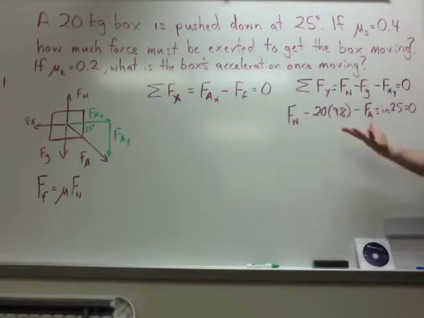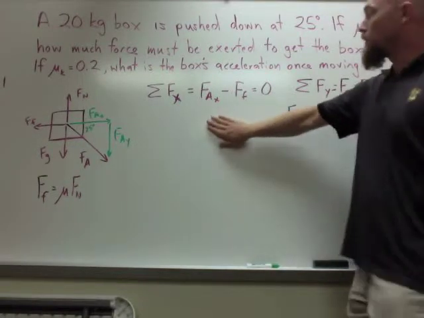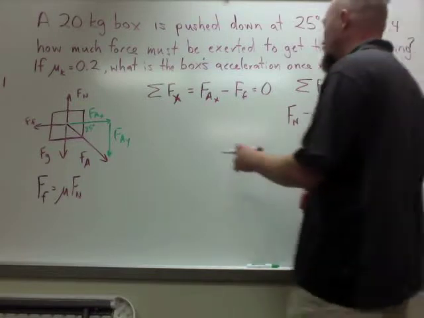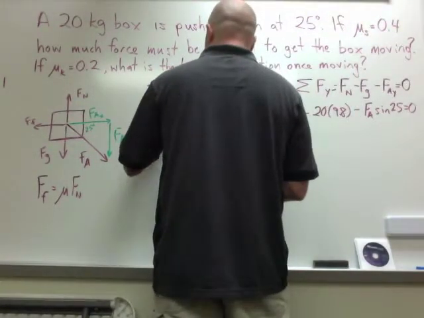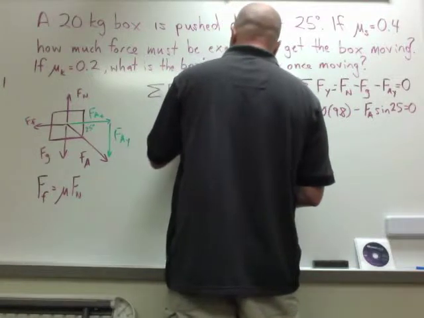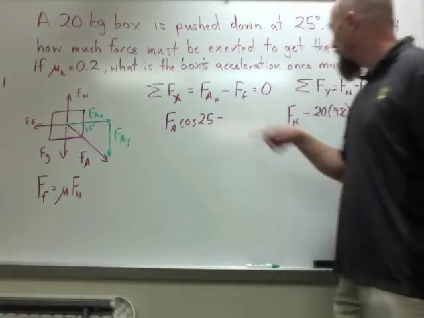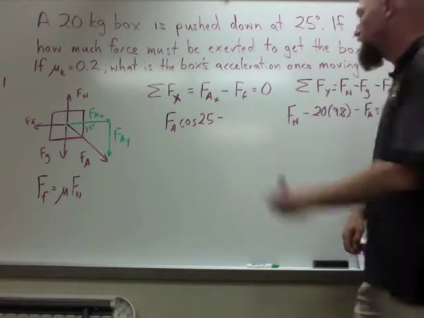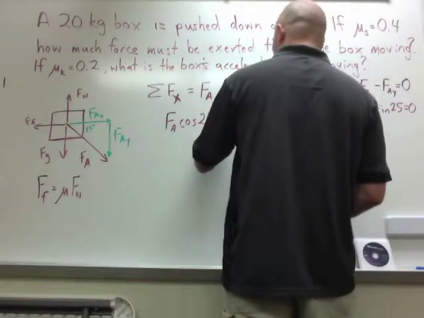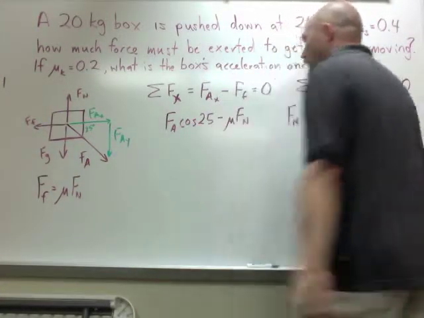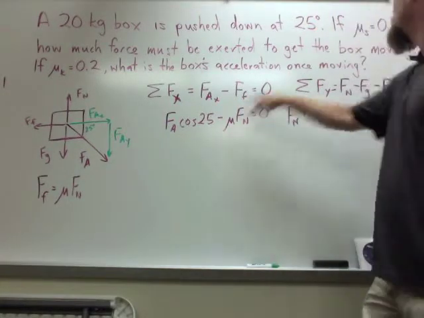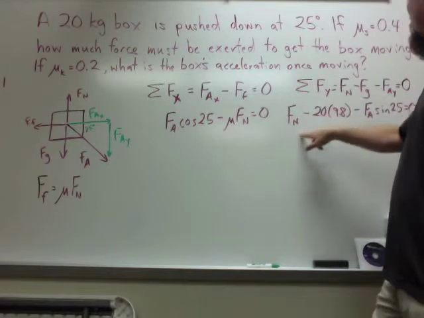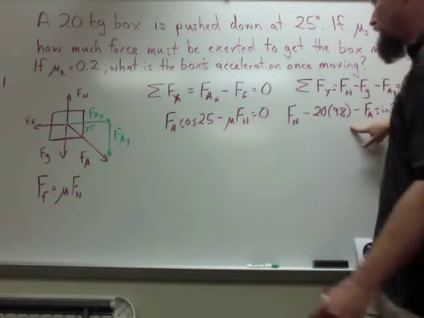Over here, because I'm going to end up with a little system, this side is Fa cosine of 25 minus mu Fn, and equals 0. Mu I know is 0.4, and Fn is this big mess.